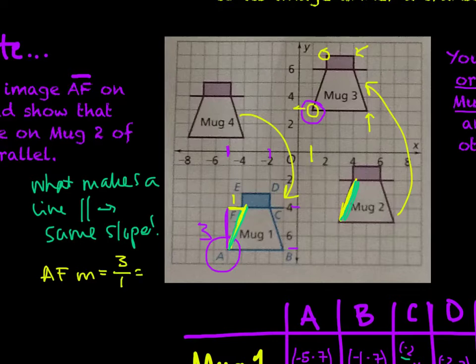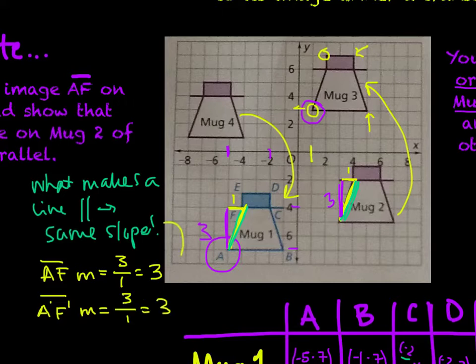Those are two positive numbers, so we just get 3 over 1, which is equal to 3. And I should put my bar over that. And we have A prime F prime for the second mug, and it looks like we have a rise of 3 and a run of 1. So the same sort of thing. We have 3 over 1, which is equal to 3.